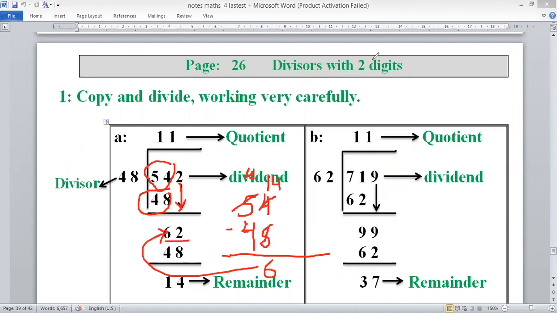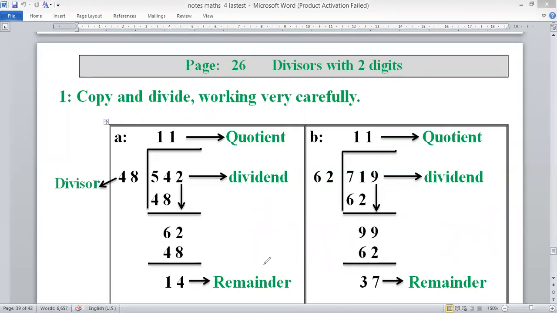Now we divide 62 by 48. Again we multiply 48 ones are 48, then we subtract 48 from 62. All of you know the method of subtraction.